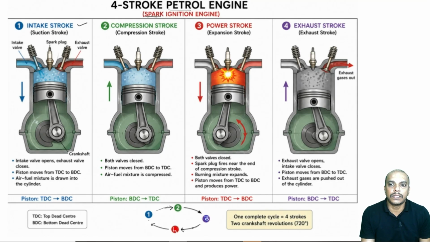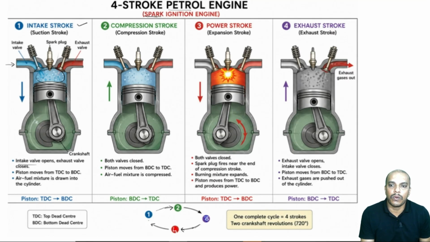Suction is happening because as the piston moves downward, there is a pressure drop within the cylinder. Since the inlet valve is open, the charge comes in. Charge means fuel plus air, which is already mixed in the carburetor. So, fuel plus air is what is coming in.